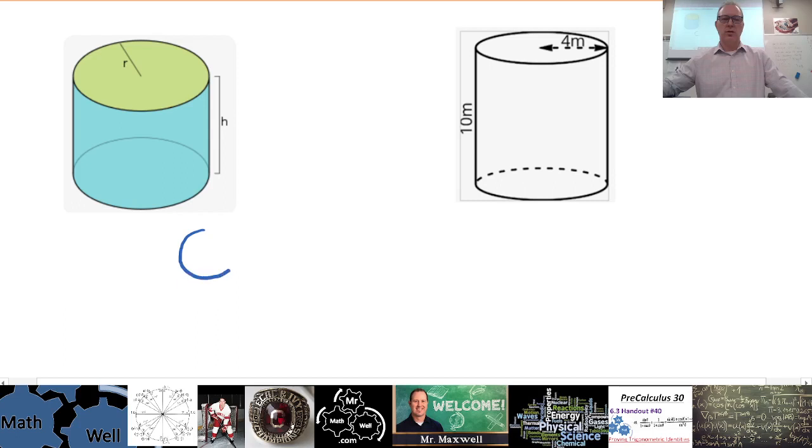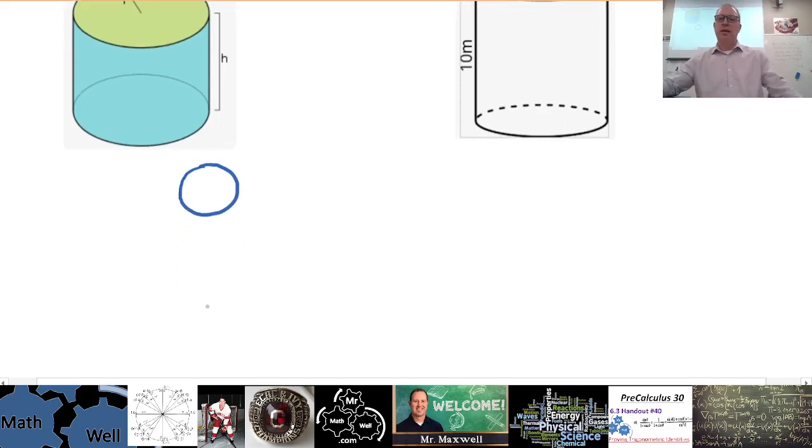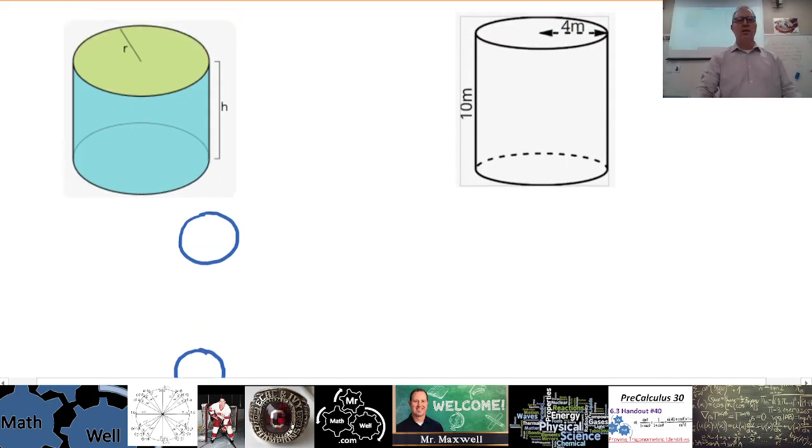They're just circles, so you draw your best circle for the top and your best circle for the bottom, and it doesn't matter whether they line up over top of each other or not. But the wraparound part is the tricky one. What shape is the wraparound part of a cylinder? If we were to slice it right here with a knife at a 90-degree angle and unwrap it, what would that shape look like?